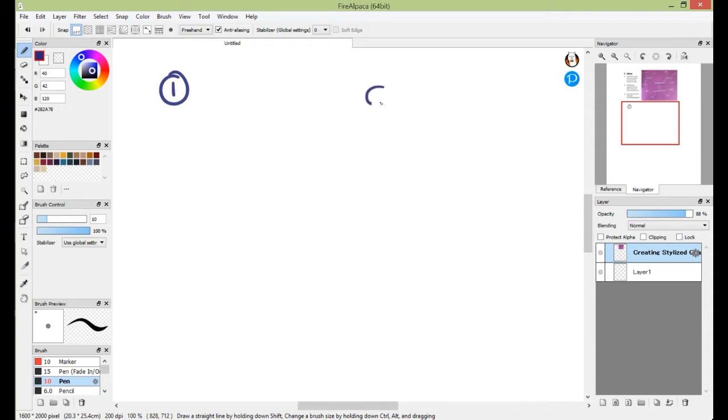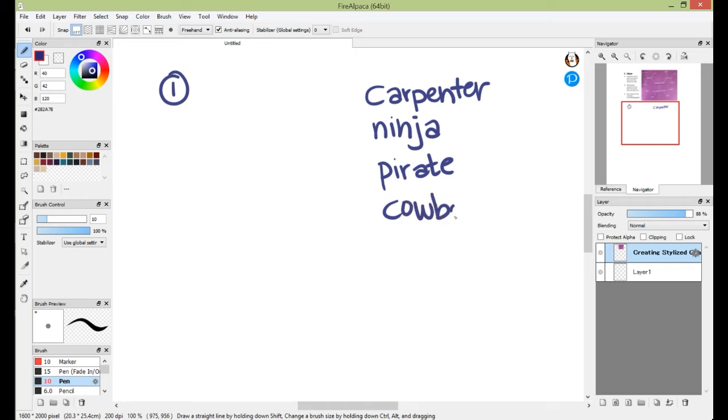You can say, oh, I might want to do a carpenter, or I want to do a ninja, or a pirate, or a cowboy. So all of these things have activities that are related to being a carpenter, a ninja, a pirate, a cowboy. You can also do different things like, say, a grandfather.